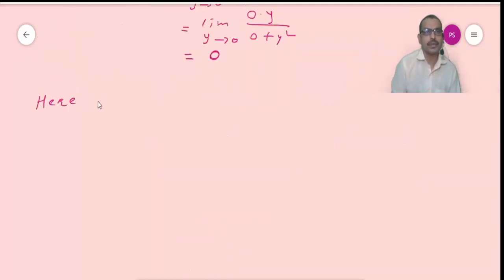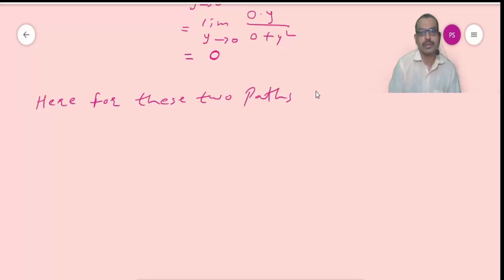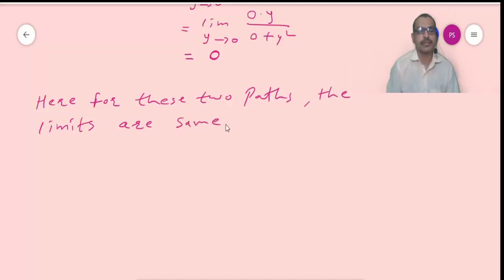Here for these two paths, the limits are same. In this example we choose two paths.